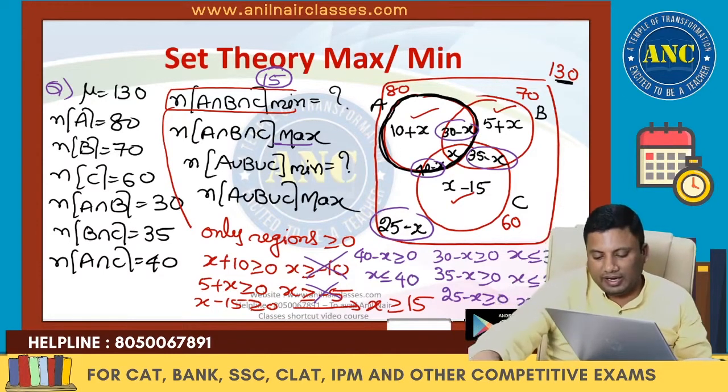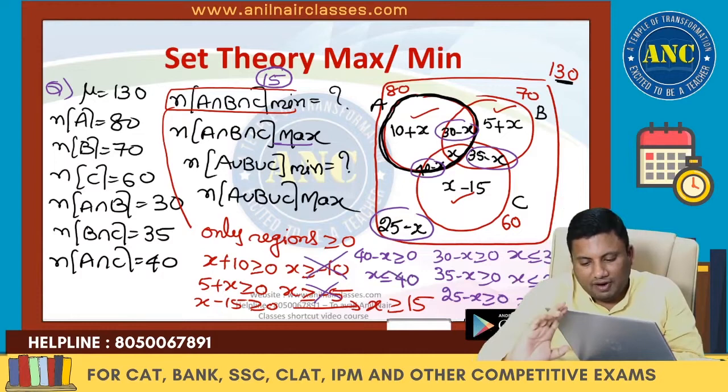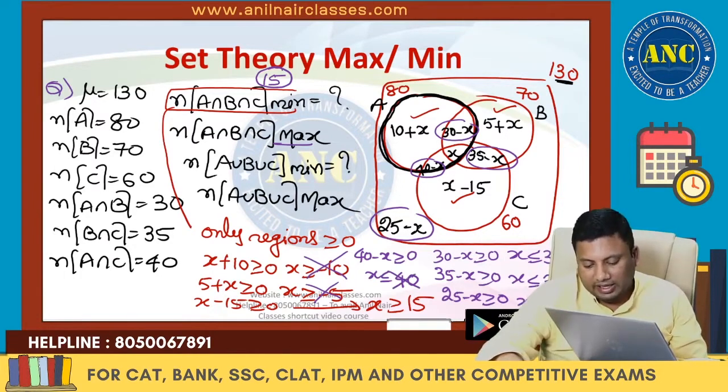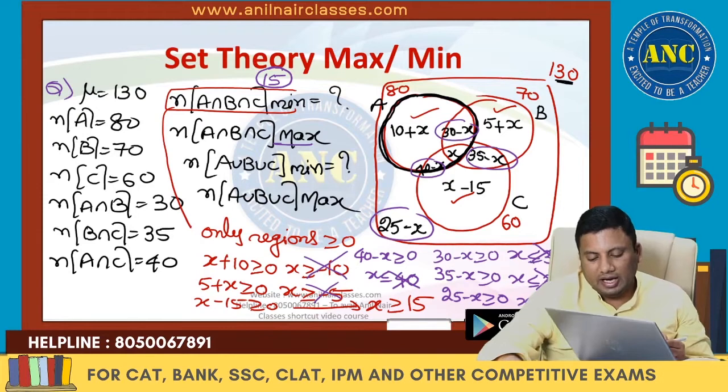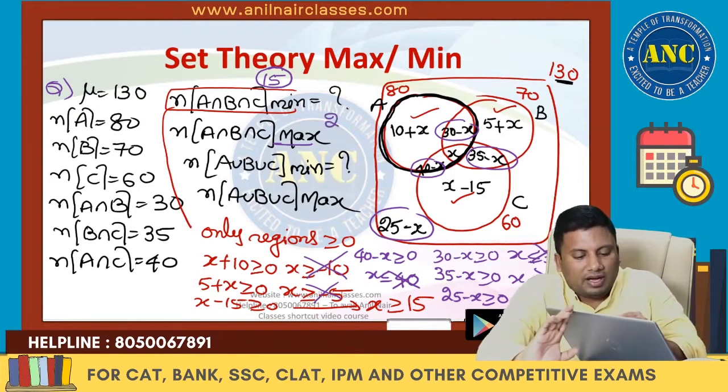We should never get any negatives. 40 means 30 minus 40 negative. 30 means 25 minus 30 negative. 35 it is negative. So what is the maximum value? Maximum value is nothing but 25.